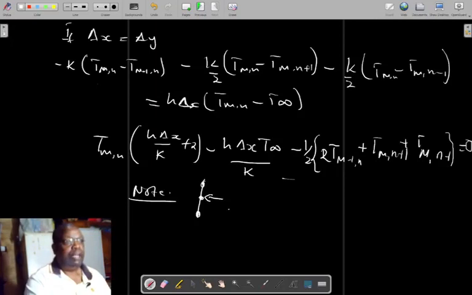It is not valid for a node that is at a corner. Whether it is a corner with no convective heat transfer, or a corner node with convective heat transfer, the equation will not hold.